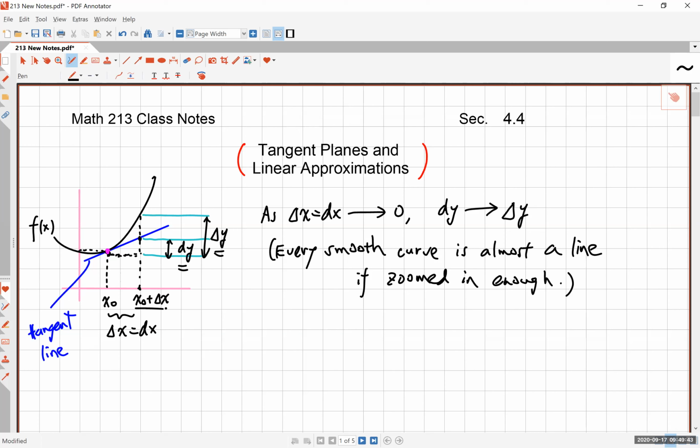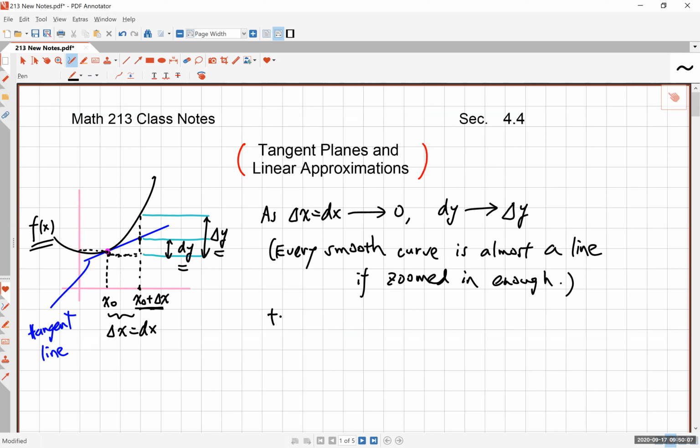But if you're out there doing science or working on an engineering problem, you may not even have a nice expression for f of x. All you get is a point, the value f of x naught, and the derivative. In that case, you have no idea what the value of the function nearby is. And so you do what is called linear approximation.